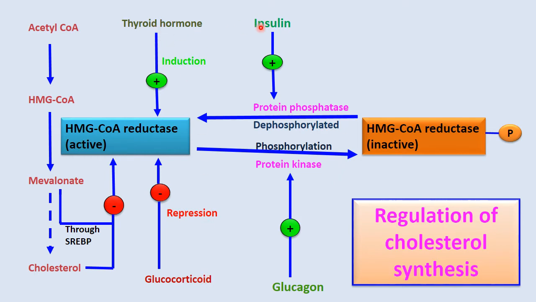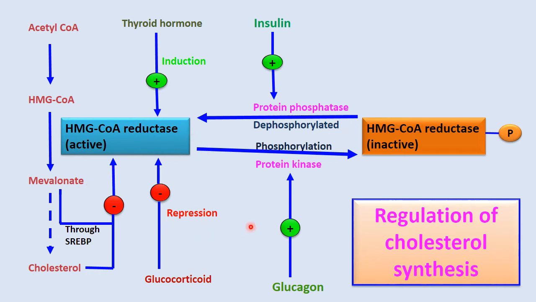Thyroid hormone and insulin stimulate the enzyme protein phosphatase. This enzyme is responsible for the conversion of inactive HMG coenzyme A reductase to active HMG coenzyme A reductase. When this enzyme is active, it increases the conversion of HMG coenzyme A into mevalonate.